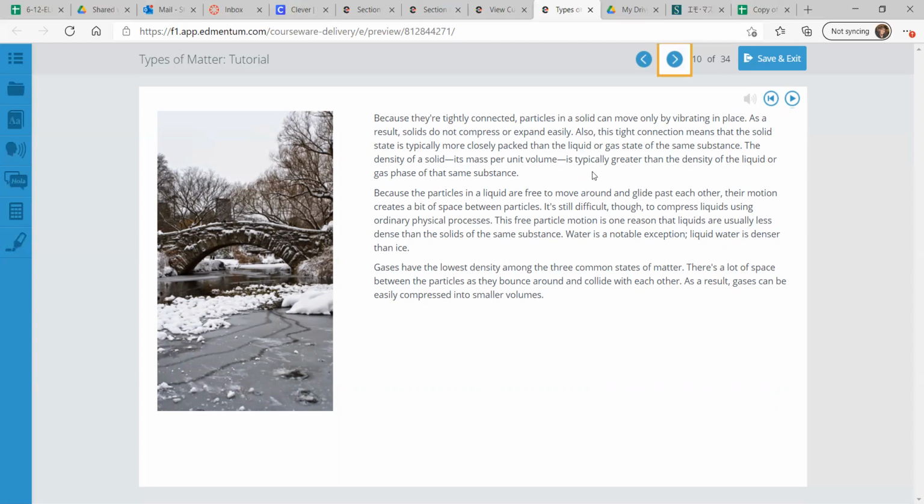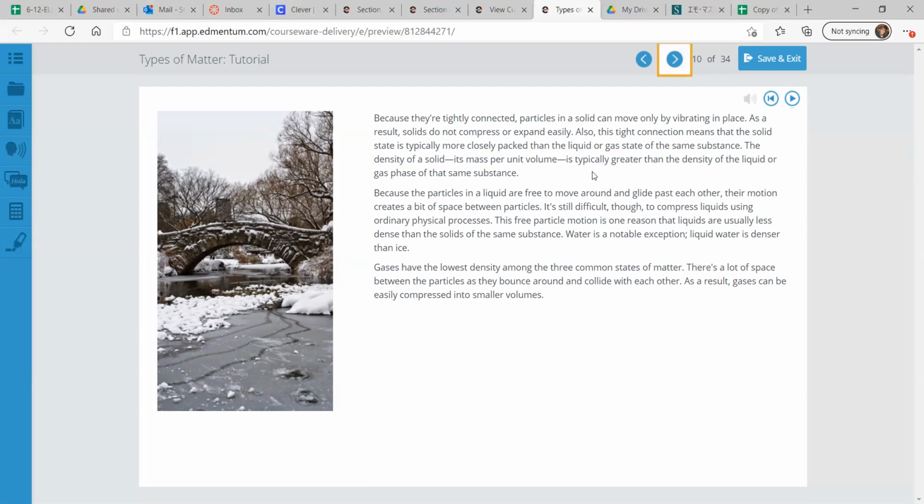The density of a solid is typically greater than the density of the liquid or gas phase of the same substance. Liquid particles are free to move around and glide past each other. And that means there's a bit of space between the particles. And this free particle motion is one reason that liquids are usually less dense than solids of the same substance.